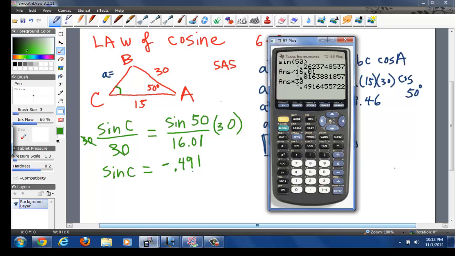So now we're going to take the inverse sine of negative 0.491. Remember, the negative has to come from the negative key, don't use the minus sign below the multiplication. That should give us a nice number, which doesn't make much sense. Let's pause this right now.